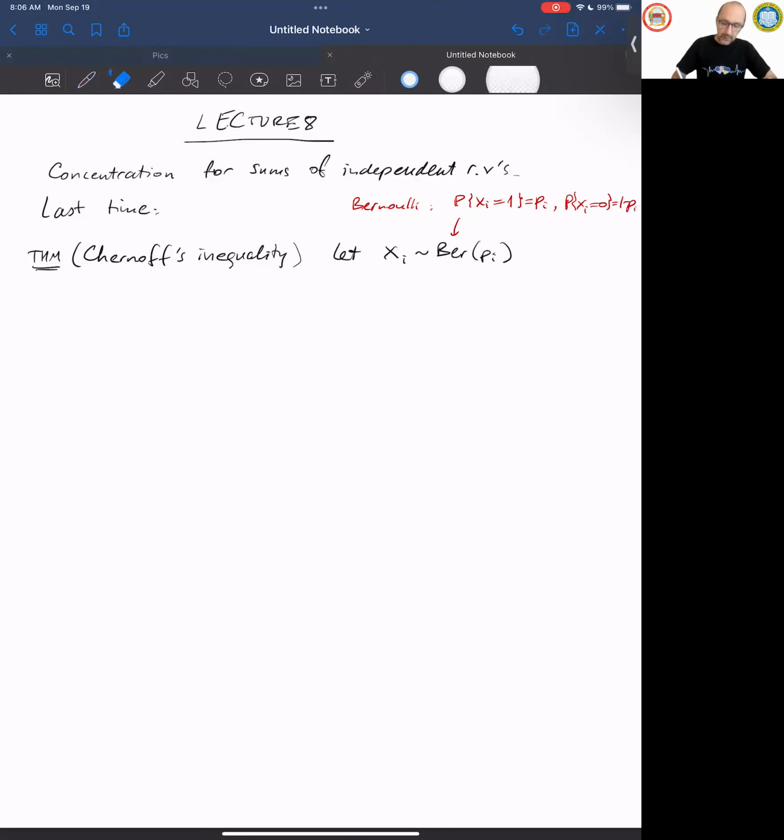So we look at independent Bernoulli random variables. We sum them up, n of them, like this.